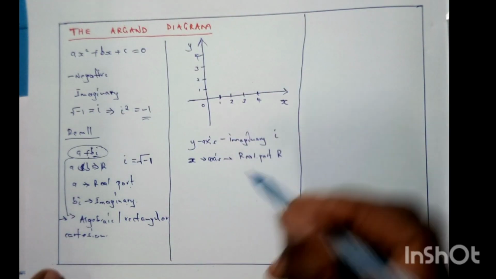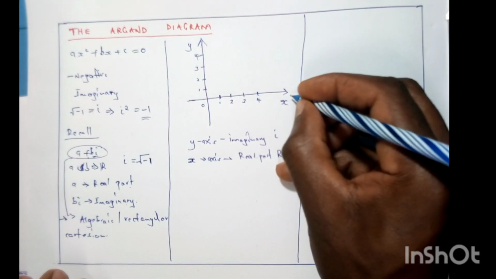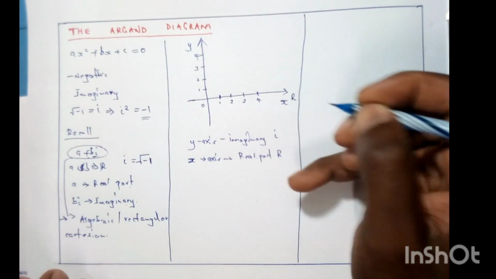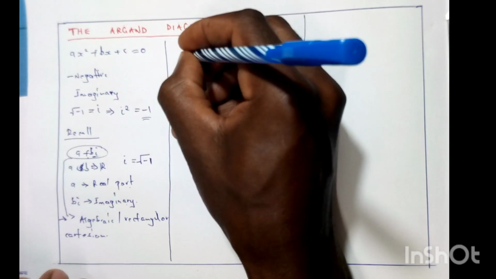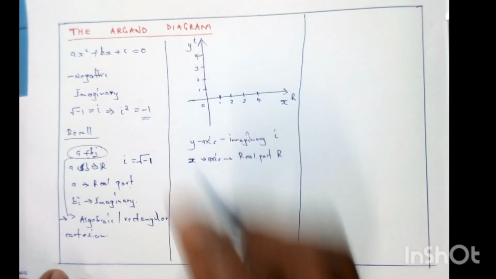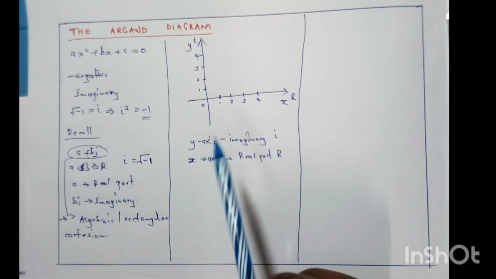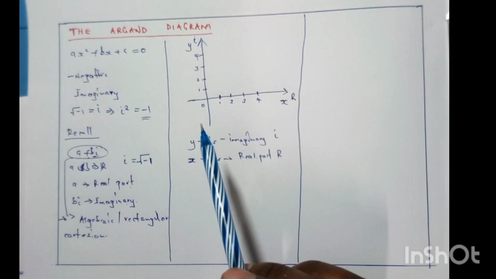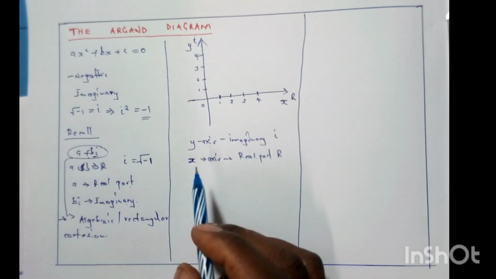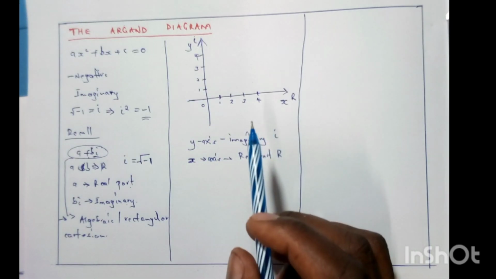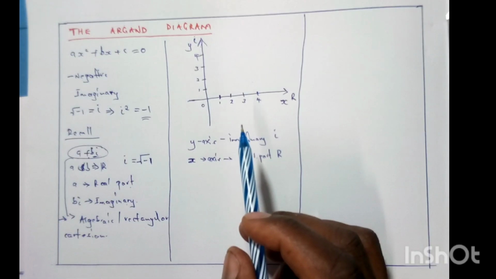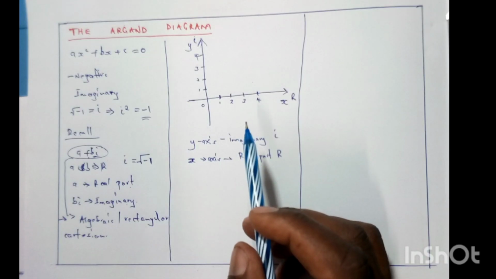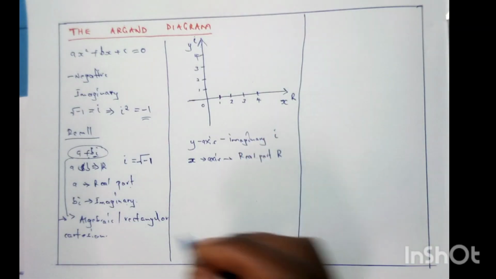So I'm going to represent this x-axis as the real part, and this as the imaginary part, the y-axis. As I've said, we are going to represent these complex numbers by what we refer to as a phasor.